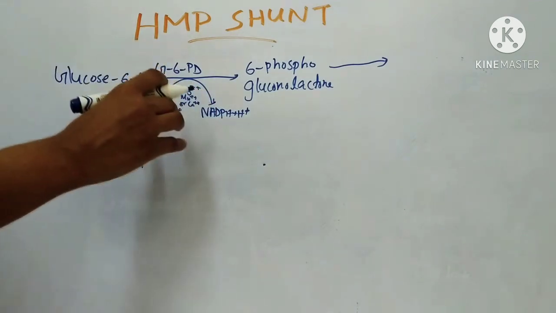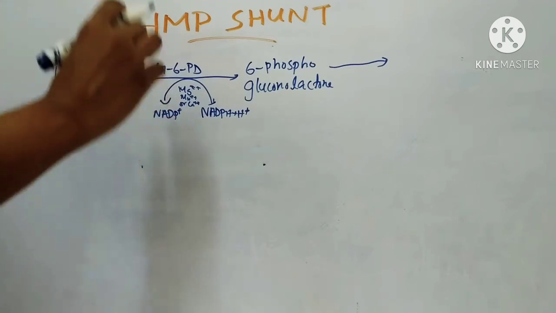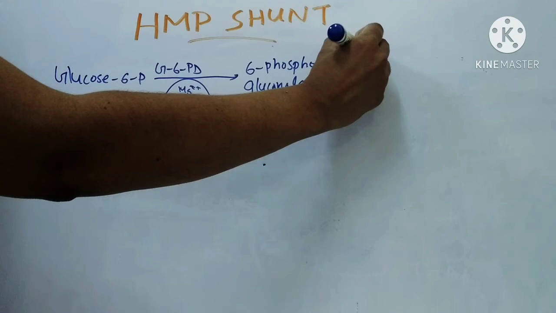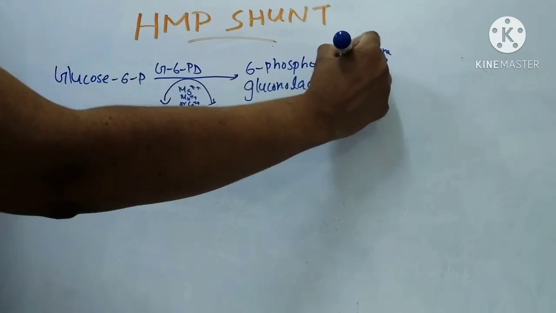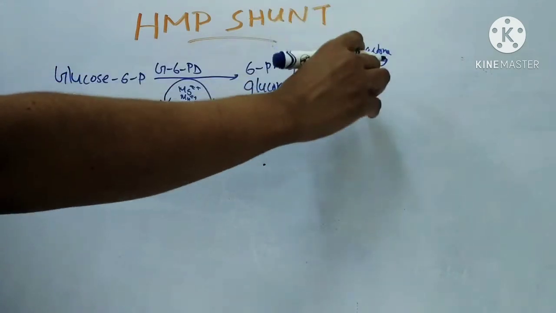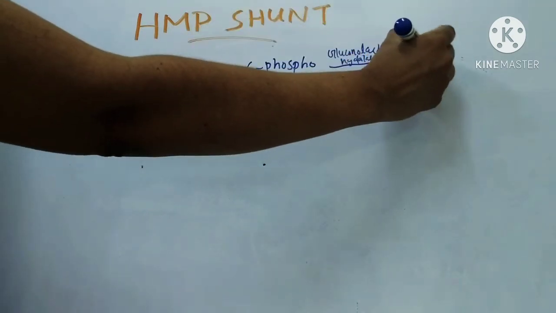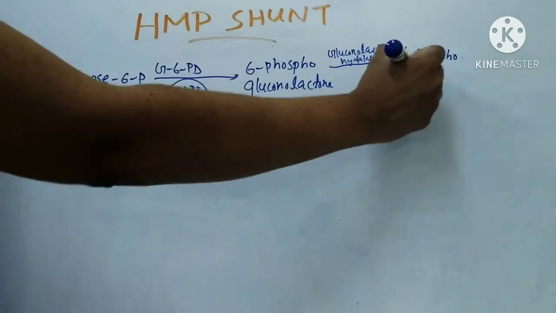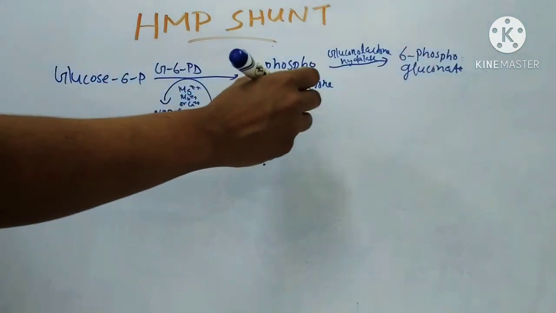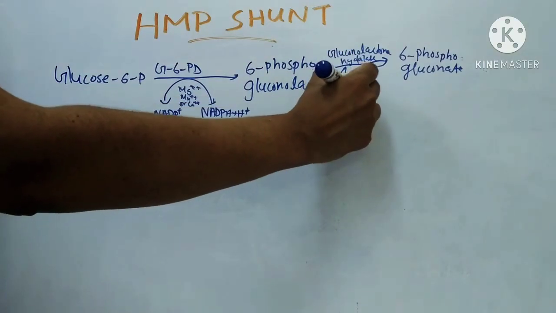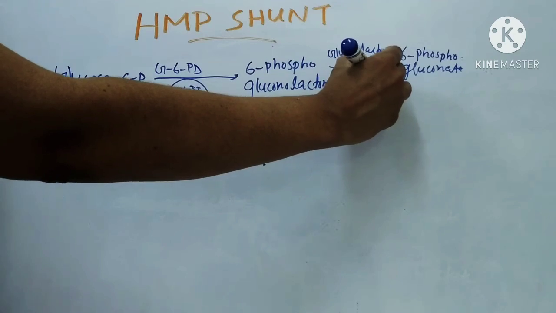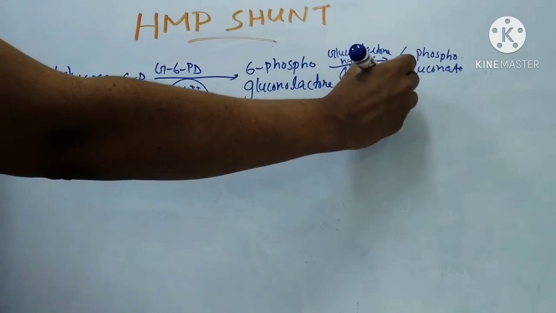Then the 6-phosphogluconolactone, by the enzyme gluconolactone hydrolase, is converted to 6-phosphogluconate. Here it is hydrolysis, so water is needed, along with Mg plus plus, Mn plus plus or Ca plus plus.